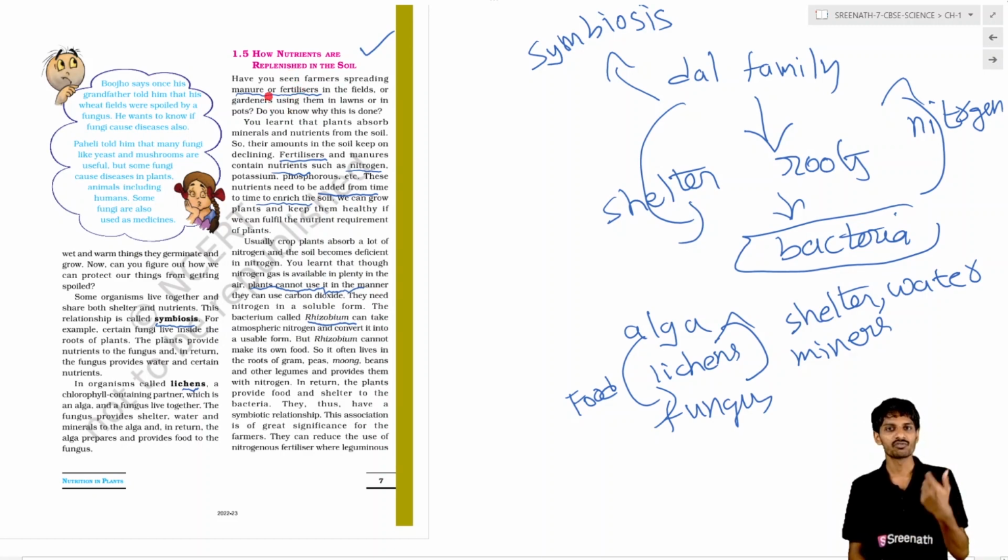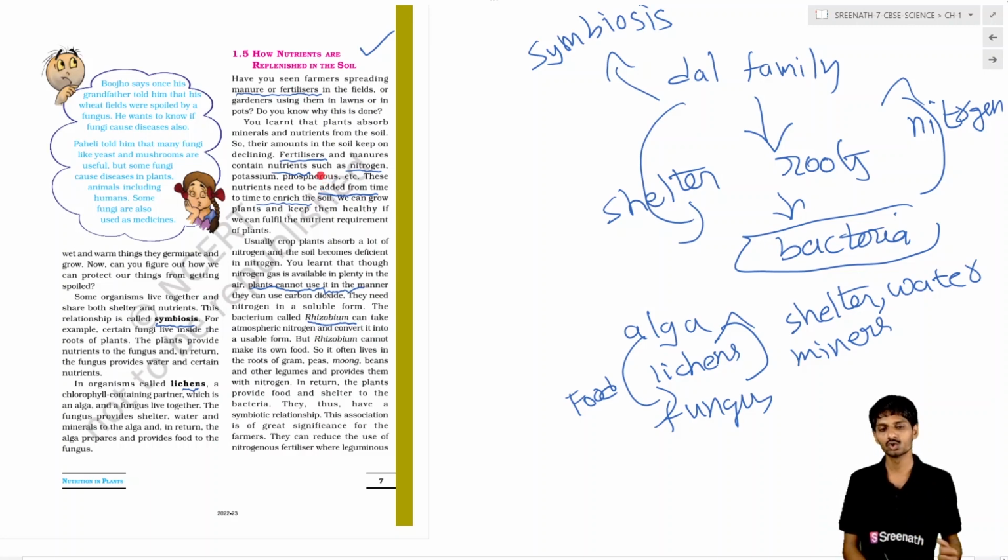For that reason, if you observe, our farmers will spread fertilizers or manure in the fields. What does the fertilizer contain? Fertilizers and manures contain nutrients such as nitrogen, potassium, and phosphorus, so that the nitrogen content in the soil will be replenished. Phosphorus and potassium mineral nutrient contents will also be replenished.